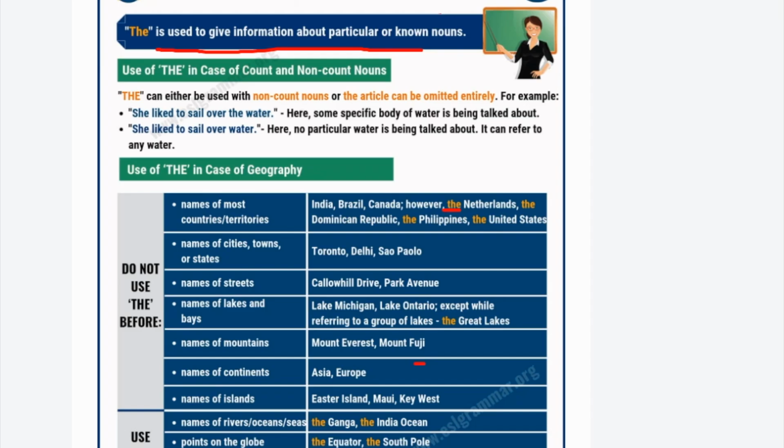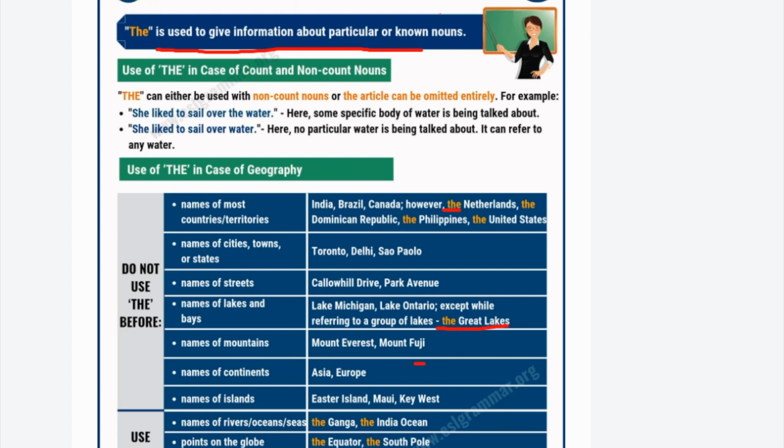We don't use any articles before the names of streets: Park Avenue, Ushakov Street, Callowhill Drive. Before the names of lakes and bays: Lake Michigan, Lake Ontario. But we say the Great Lakes, we use the article the here because the Great Lakes, this geographical feature, consists of five lakes.